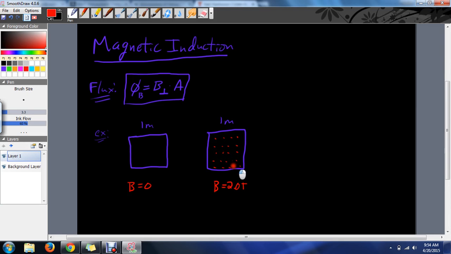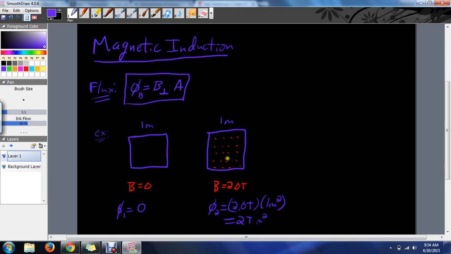All of a sudden, there's 2 Teslas coming through this. I have now changed the flux, clearly, right? The initial flux was 0. Now the flux is 2 Teslas times 1 square meter, of course, just field times area. Look what happens. You get flux now.